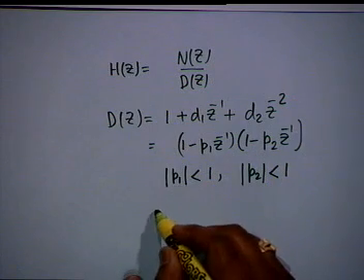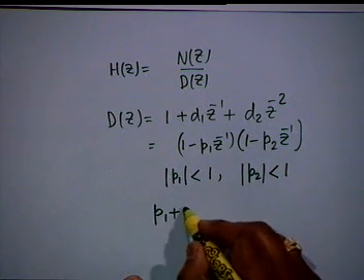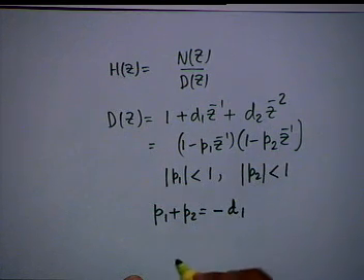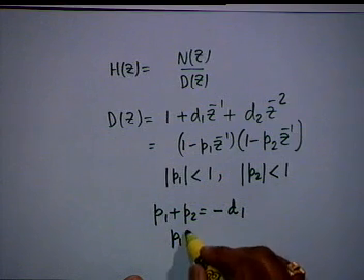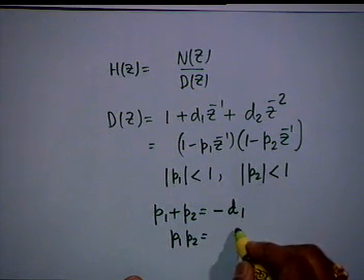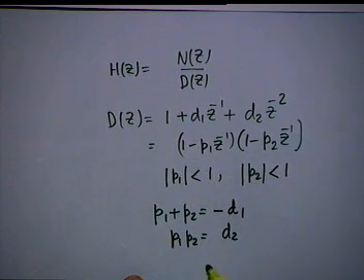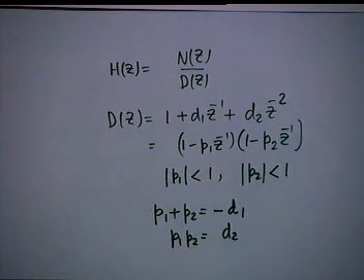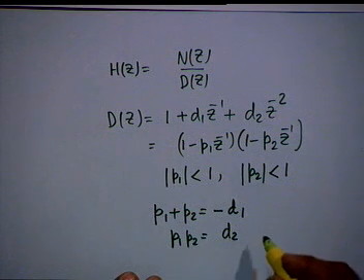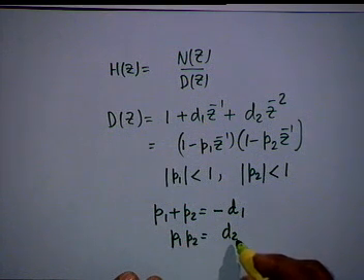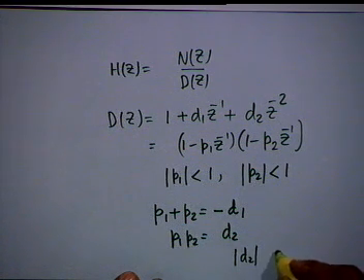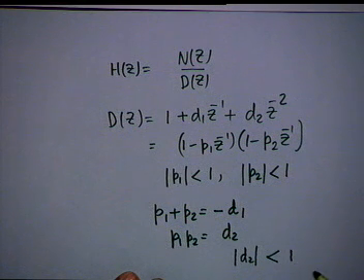And if we write in this form, obviously p1 plus p2 shall be equal to minus d1 and p1 p2 shall be equal to d2. Now, for stability, since p1 and p2 both have to be less than 1 in magnitude, therefore the magnitude of d2 should be less than 1. Agreed?